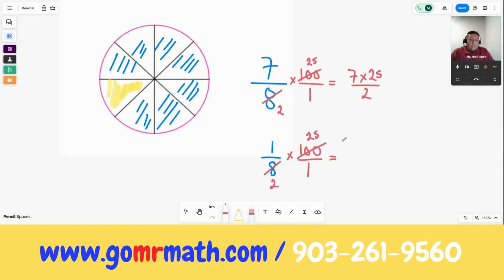So here we have 1 times 25 is 25, and 2 times 1 is 2. Immediately, this is the easiest one. This is 12.5%. That is the percentage of this part, 12.5%.